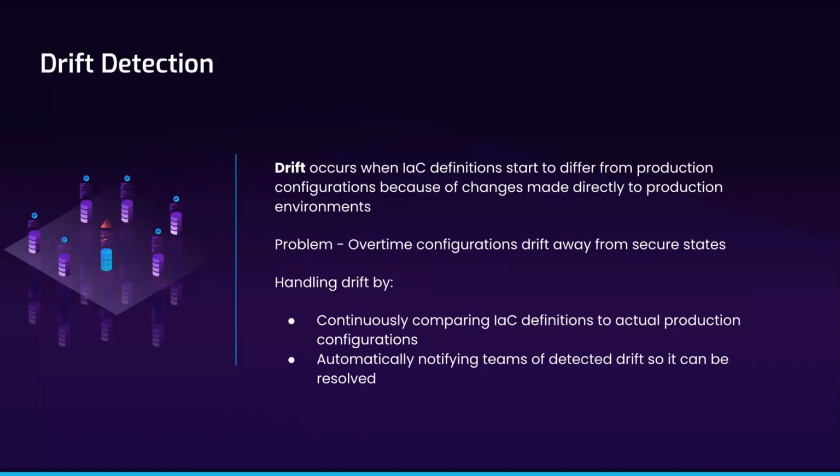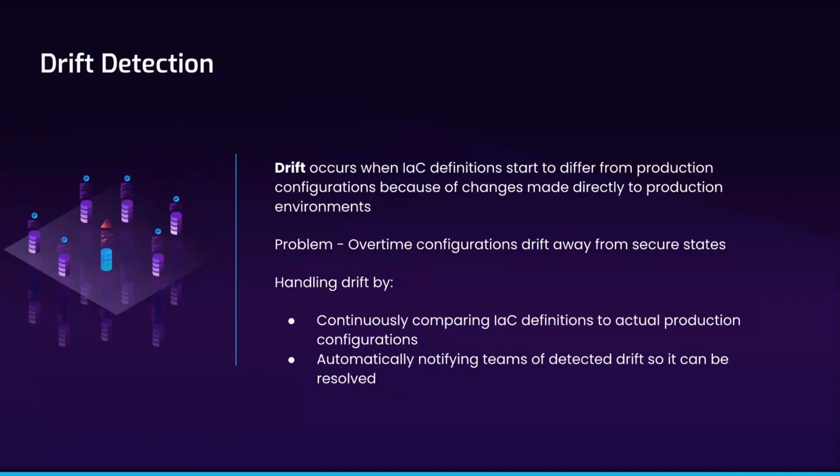However, sometimes, and we see that often, certain situations arise where configuration needs to be changed directly in the production environment, meaning the admin goes to the AWS console and makes the changes. And no matter how tight your infrastructure as code implementation is, out-of-band changes, also known as drift, are inevitable.